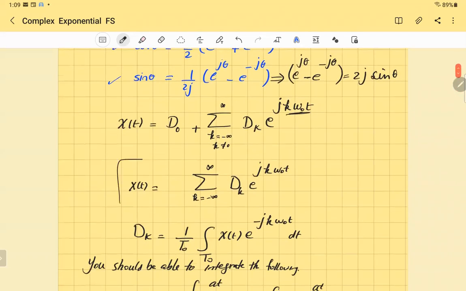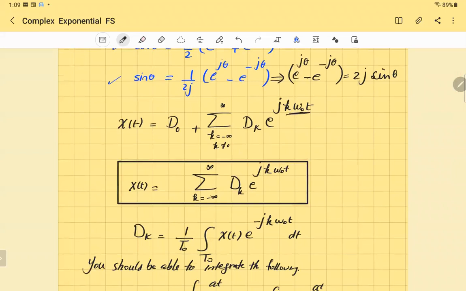What do you observe? k does not start from 1. It starts from negative infinity. So you will have d1, d minus 1, d2, d minus 2, d3, d minus 3, and so on. So we're going to have a negative frequency.